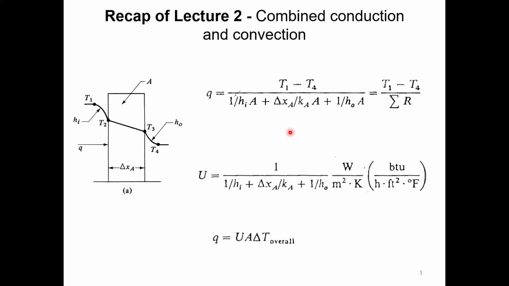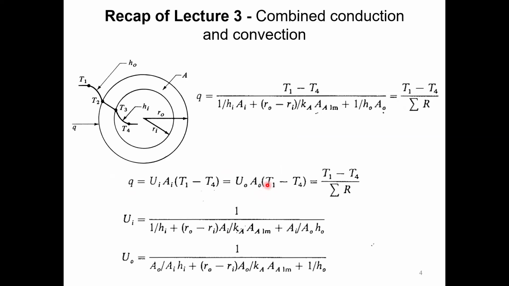So we introduced the overall heat transfer coefficient, and that was for the case of a flat wall. Similarly, we had a form for when heat transfer happens via both conduction and convection through a hollow cylinder.